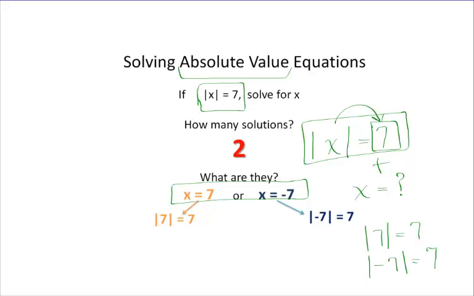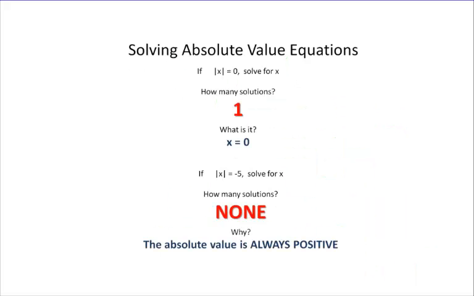Both of those make this a true statement, and that's what solutions for a mathematical statement do. This absolute value has only one solution, because 0 is neither positive nor negative. This equation has no solutions.